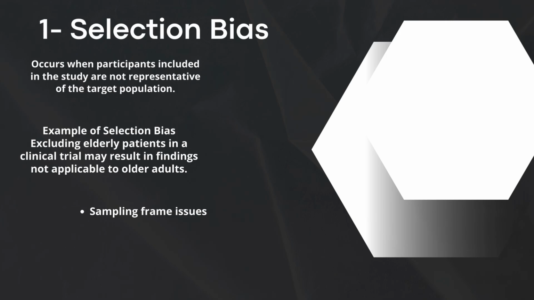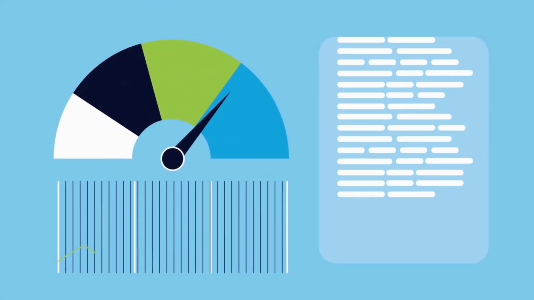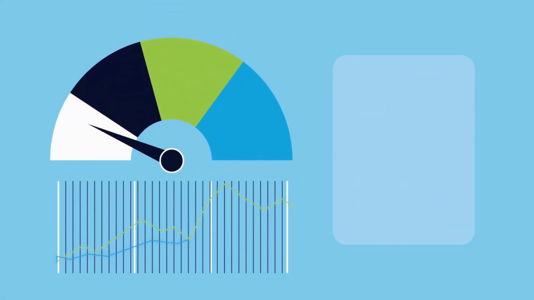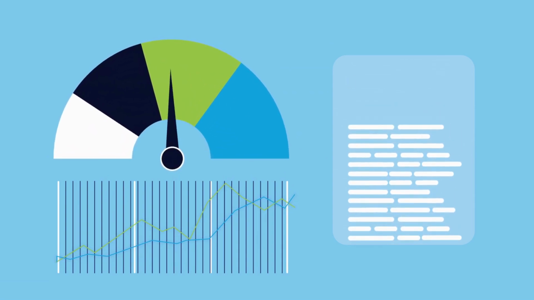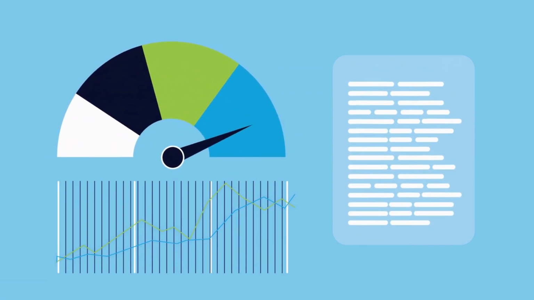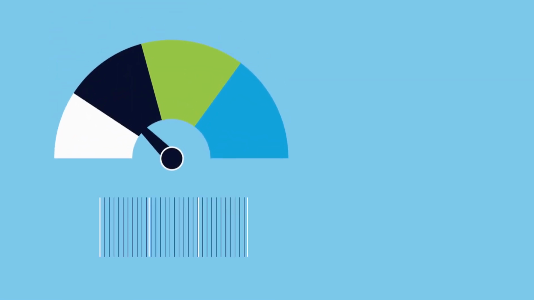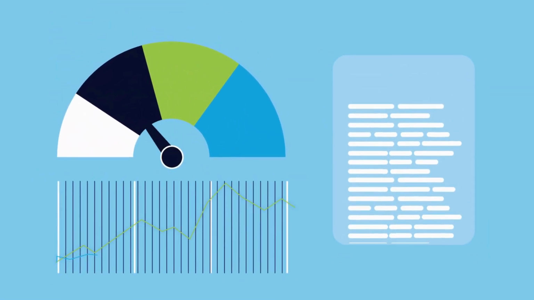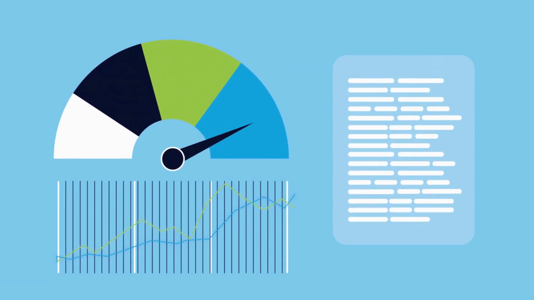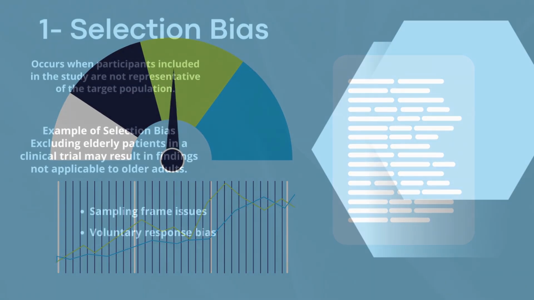And another consideration is the voluntary response bias, and this occurs when individuals who volunteer to participate in the study differ significantly from those who don't volunteer, often because volunteers are more motivated or interested in certain subjects related to the study topic.